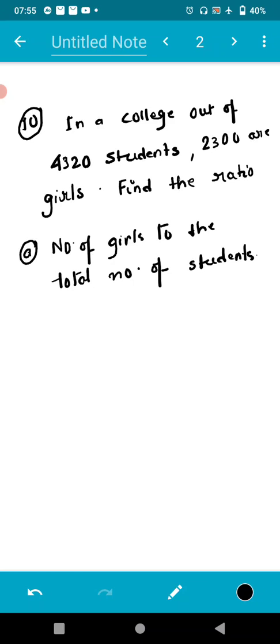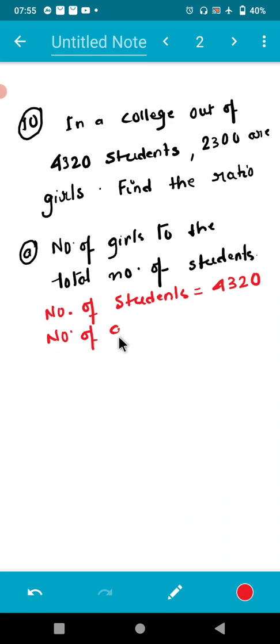Before that we need to write the information given in the question. Number of students is given as 4,320, and number of girls is given as 2,300.